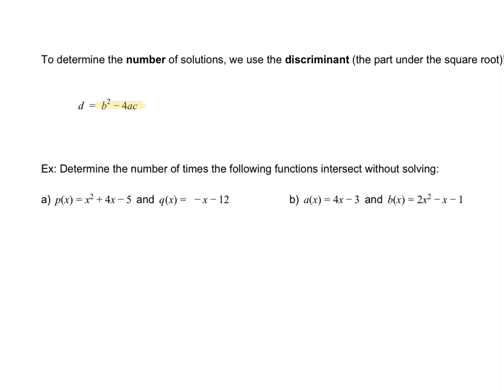So for the discriminant, if you put your quadratic equation in standard form into the b squared minus 4ac part, if your discriminant is greater than 0, so the discriminant is positive, then you will have two real distinct solutions.